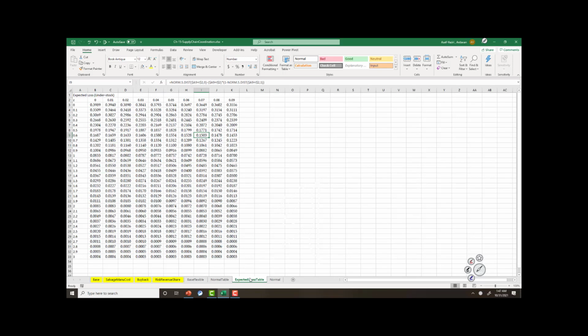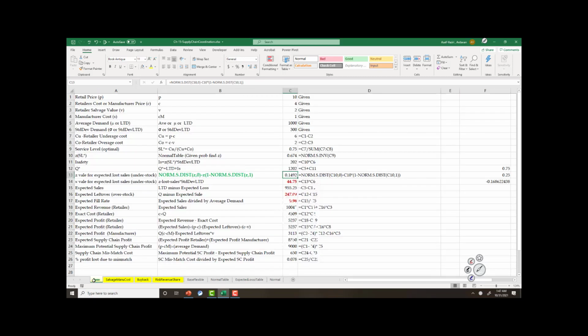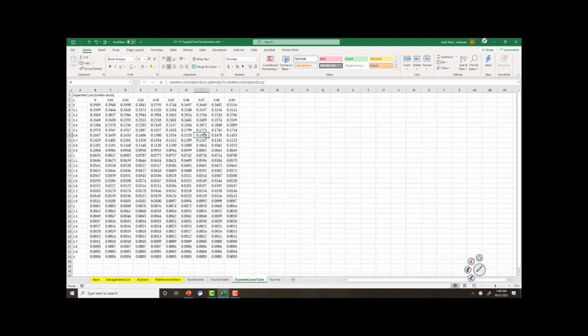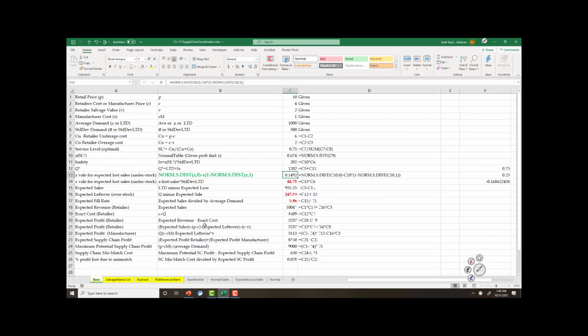It's not exactly 1503 because 0.674 is almost in the middle of these two, but I don't bother with that. I just pick this one. It is a good approximation. So we can use the Excel formula and we can use the standard loss function table. In any case, we get here the expected loss.